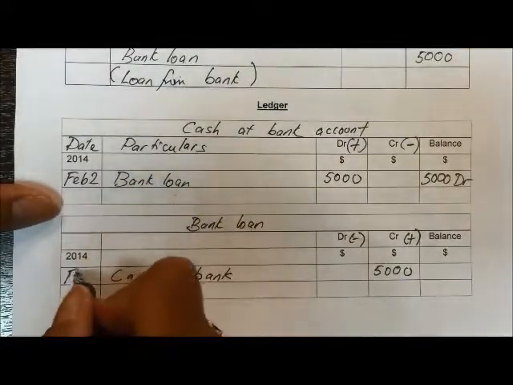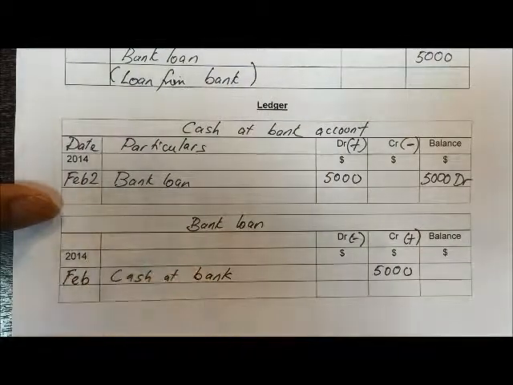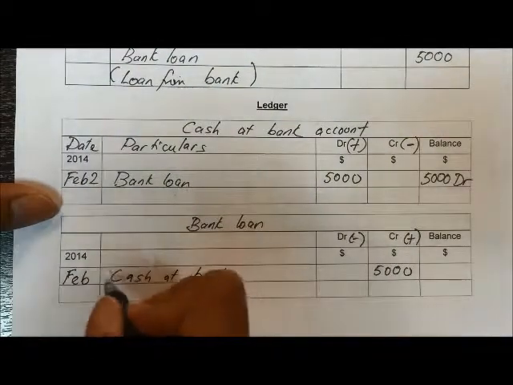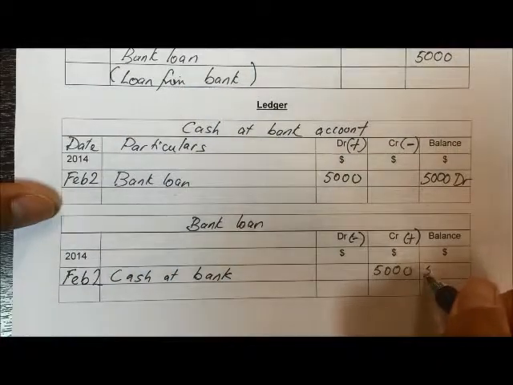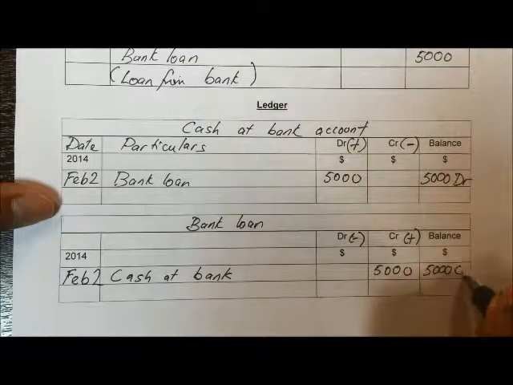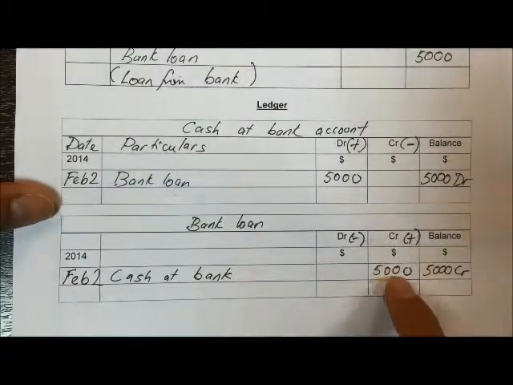So over here, you have February 2. So finally, $5,000 credit.